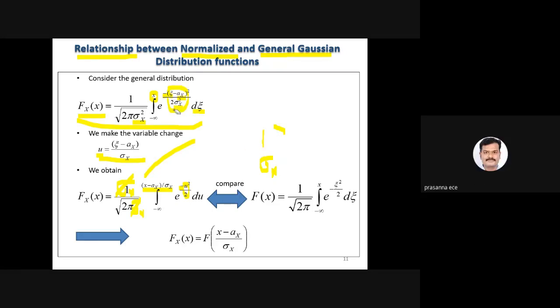Yes, sir. Yeah. So what we have done is just made a substitution. We have taken this entire integral and made the substitution u equals zeta minus ax by sigma x. So the same integral we have rewritten in terms of u, right? We just made a simple substitution here, and then we have rewritten the entire upper integral into the simpler lower integral.